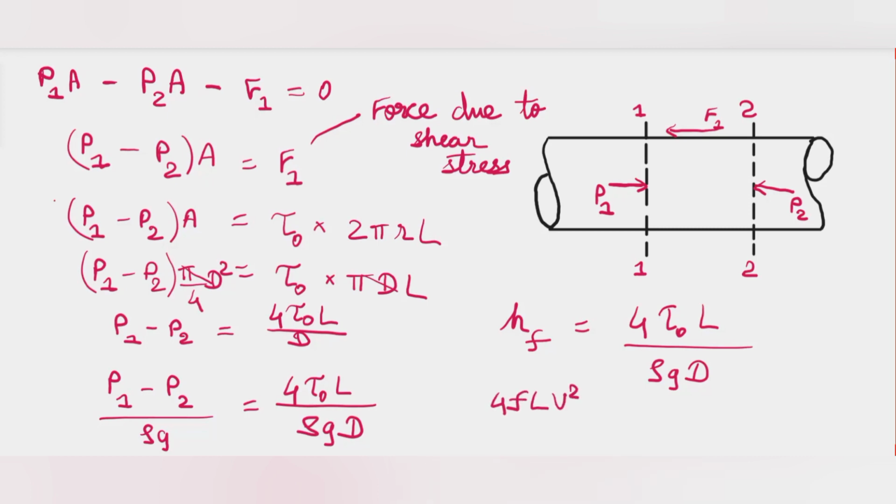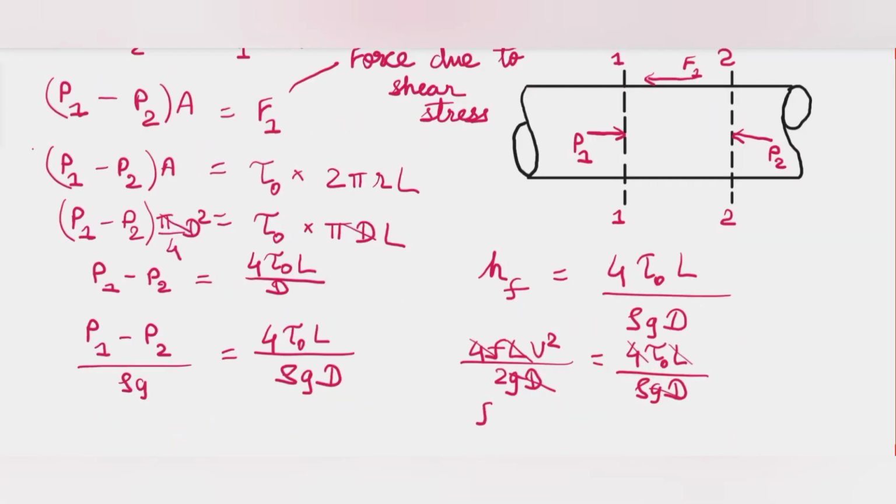Then, as I said, HF is equal to 4FLV square by 2gD, so we compare the two. On comparing, we get tau naught equal to F rho V square by 2, or if I write it in terms of F, then it will be 2 tau naught by rho V square.